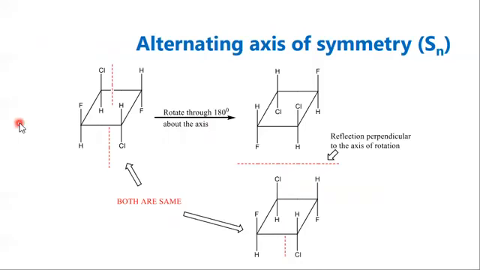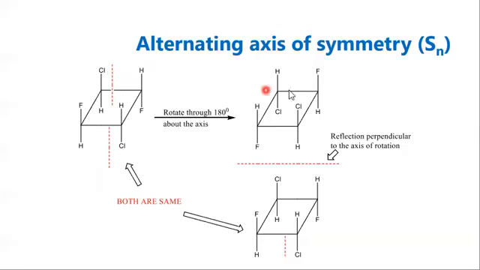Again, look at this molecule. We are rotating this through 180 degrees. So what will happen? Suppose you look at this chlorine atom, it will come here, right? If you look at this hydrogen, it will go there. So all the atoms will be rotated through 180 degrees, and all the positions of the atoms will be shifted through 180 degrees.